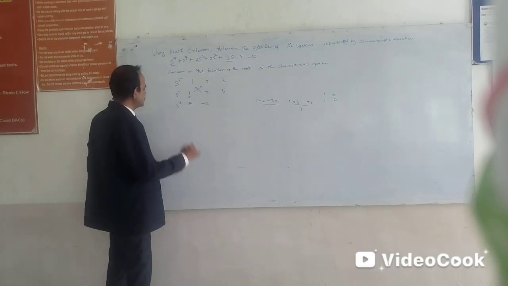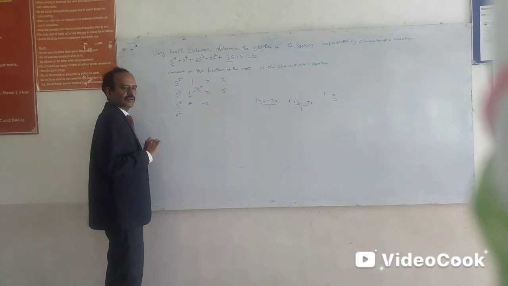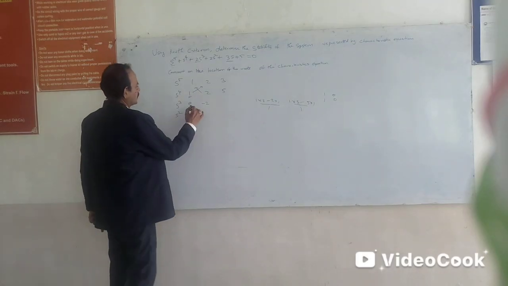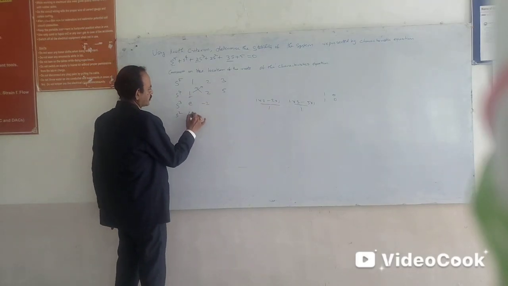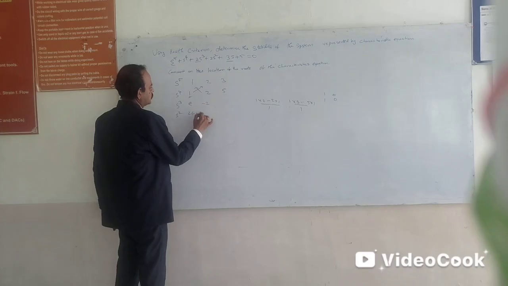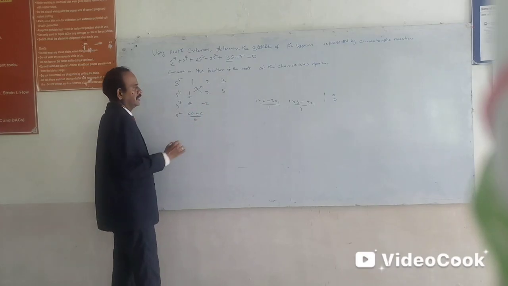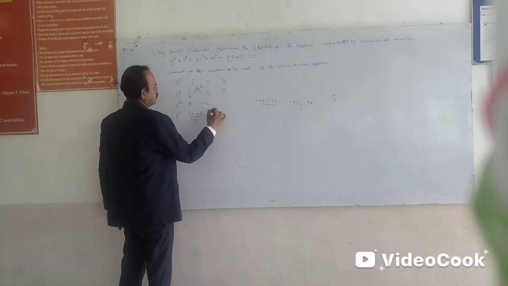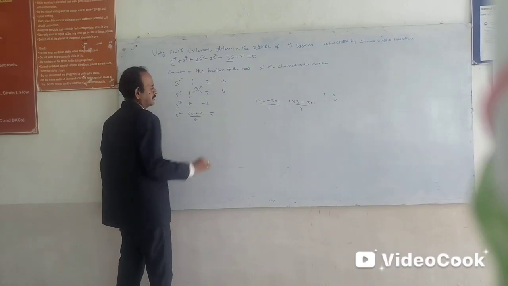Okay. So using epsilon, we proceed with the row s square. What is s square? 2 into epsilon minus 2 divided by epsilon. Again 5 epsilon minus 0 divided by epsilon, we are getting 5.